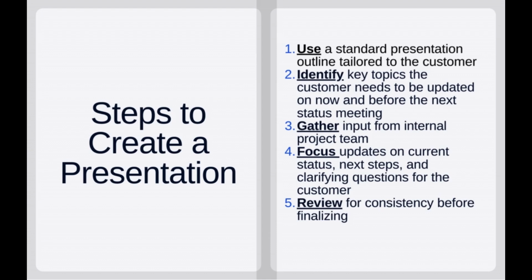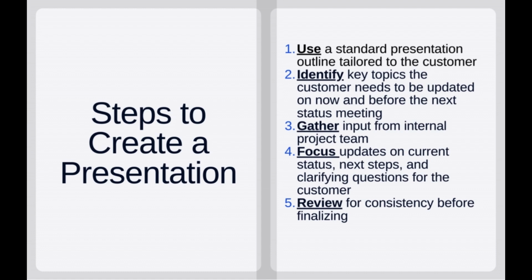Number four, focus. Focus on updates related to the current status, next steps, and clarifying questions. Now, what you might see here is not only do these steps build upon each other, but they also have some interdependency. Gathering that information from your internal project team allows you to also understand and clarify what's coming up in the project.